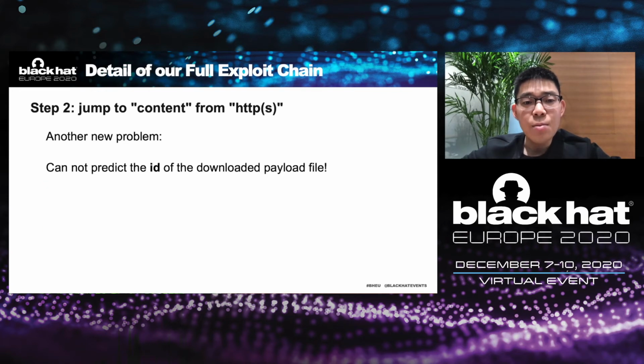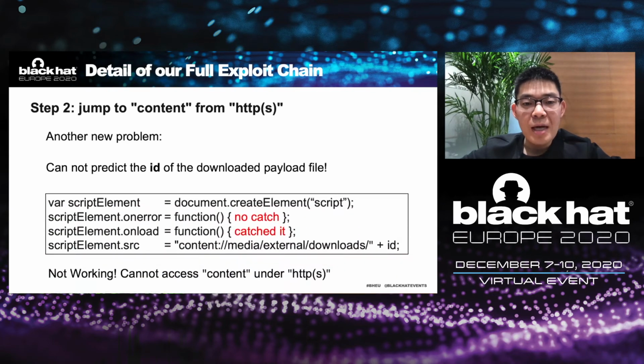But another problem comes out. We cannot predict the ID of the downloaded payload file. And the way of probing the ID by script element is not working anymore, because we cannot access content under HTTP.